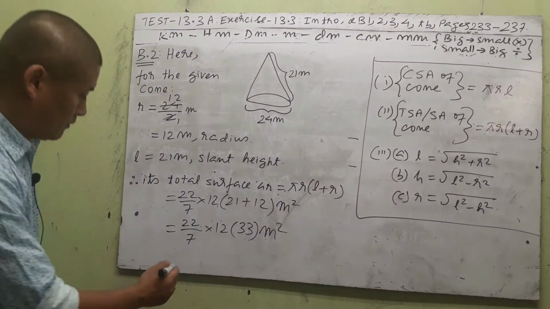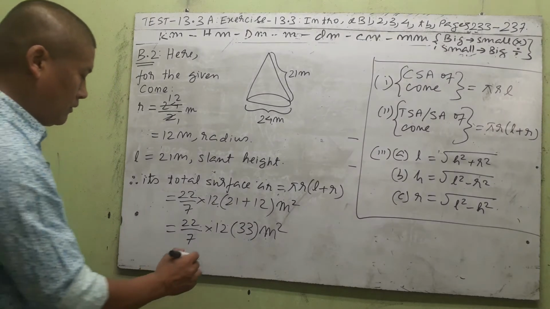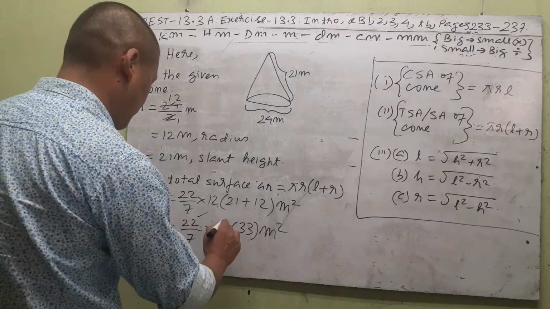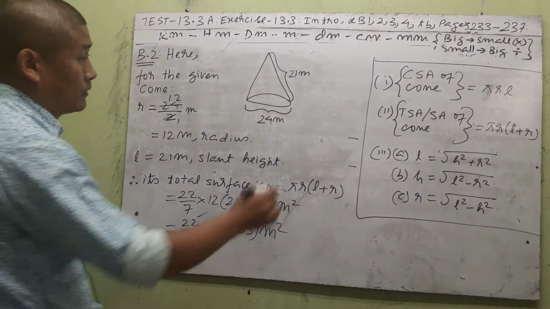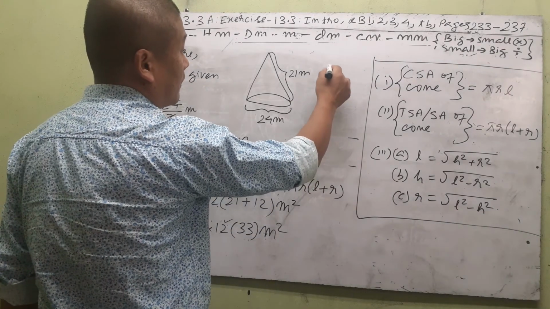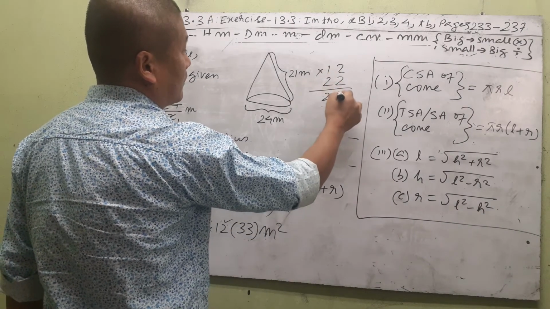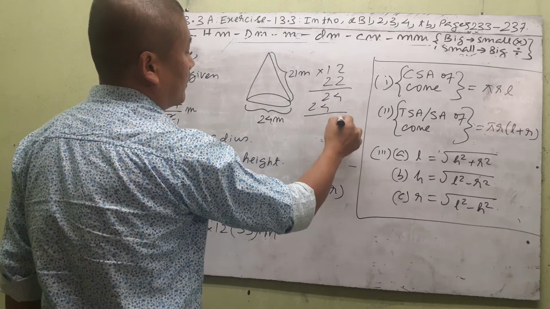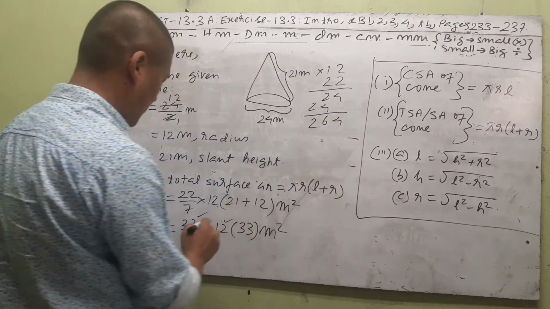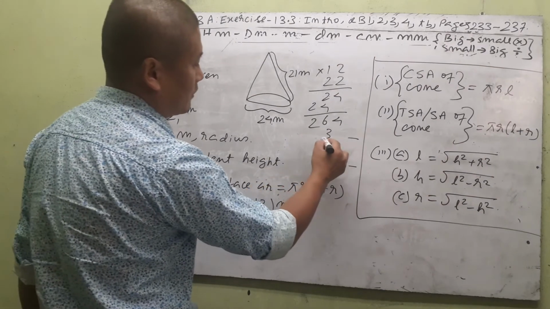So we need to multiply this. So let us do this. 22 into 12. So 24, 462. When we multiply these two, then multiply to 33.